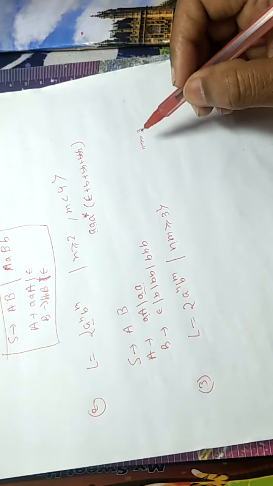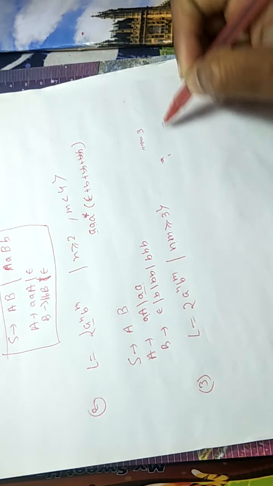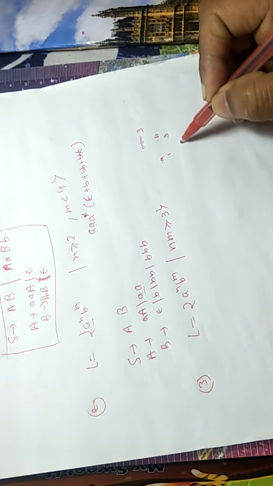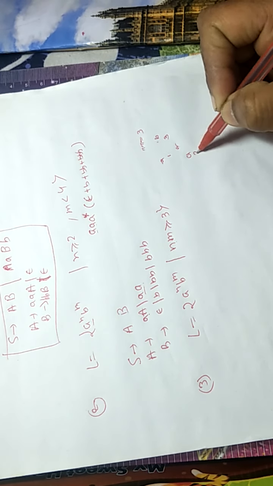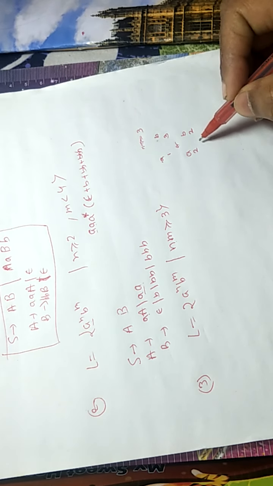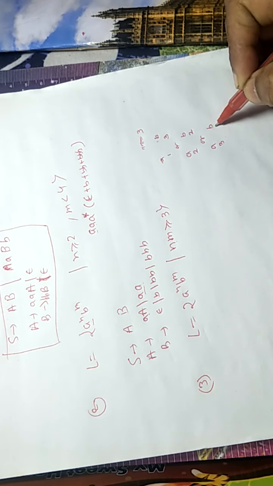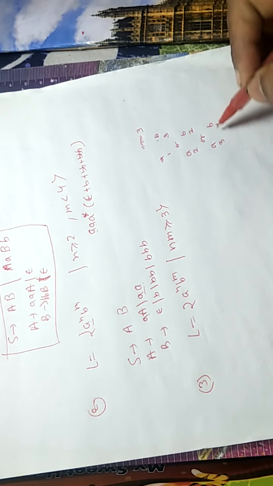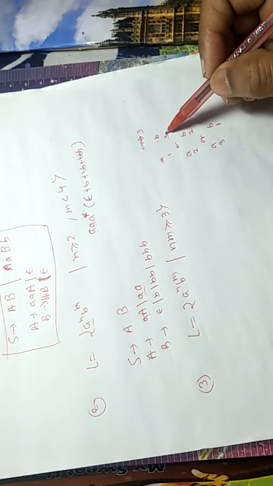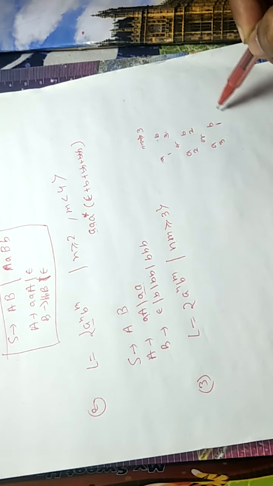It is possible only when a is minimum 1 and b is minimum 3, or a is minimum 2 and b is minimum 2, or a is minimum 3 and b is minimum 3, so that the product of n cross m is greater than or equal to 3.